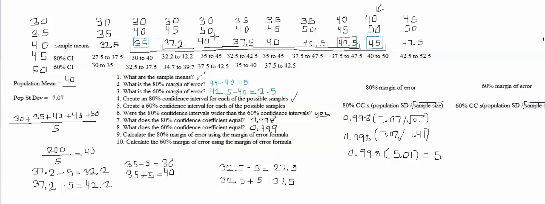So we multiply the 60% confidence coefficient by the population standard deviation over the square root of our sample size. The 60% confidence coefficient was 0.499, so we just plug that number in.